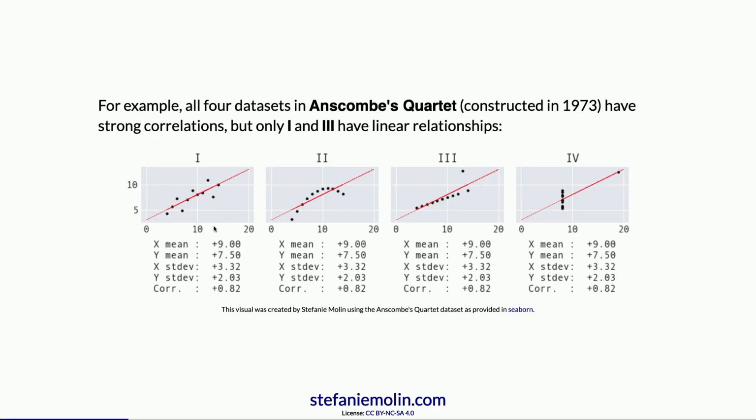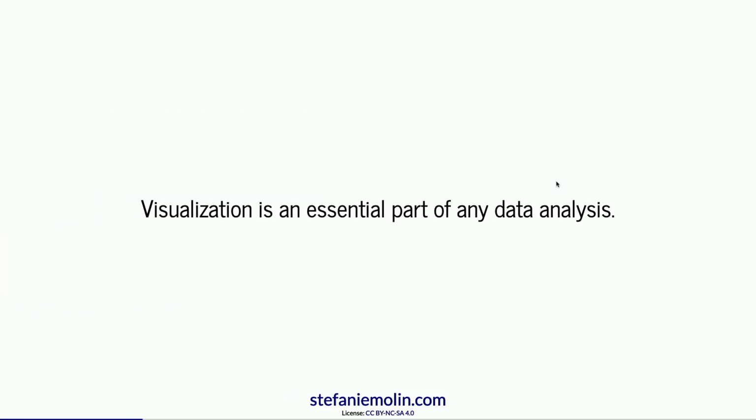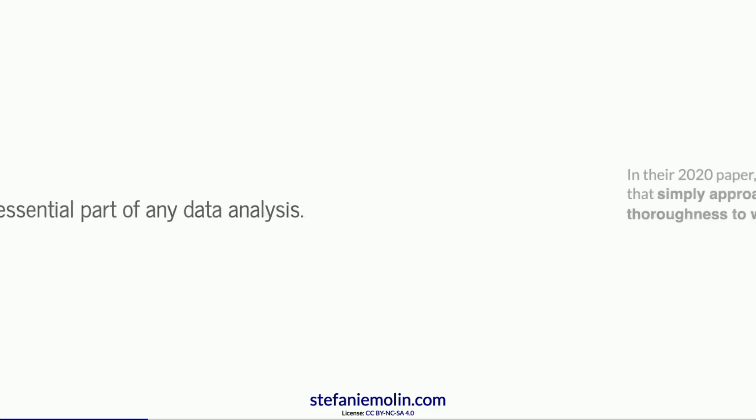However, only 1 and 3 are actually linear. Right? So if we had not looked at these visuals and just looked at these summary statistics, we would be drawing incorrect conclusions for data set 2 and 4. So it's very clear that visualization is essential to any data analysis.